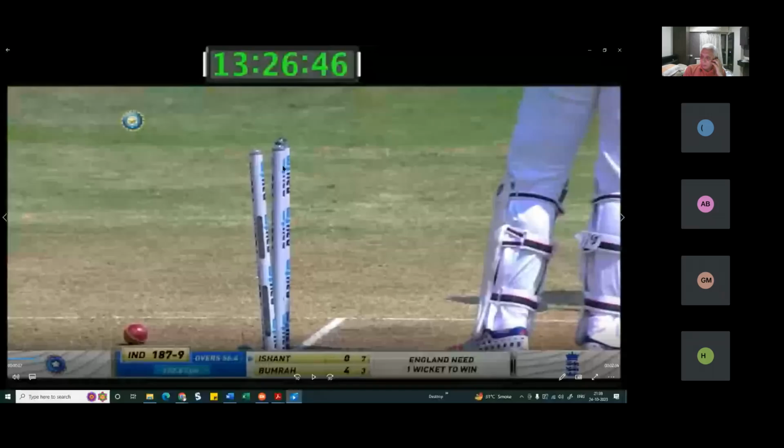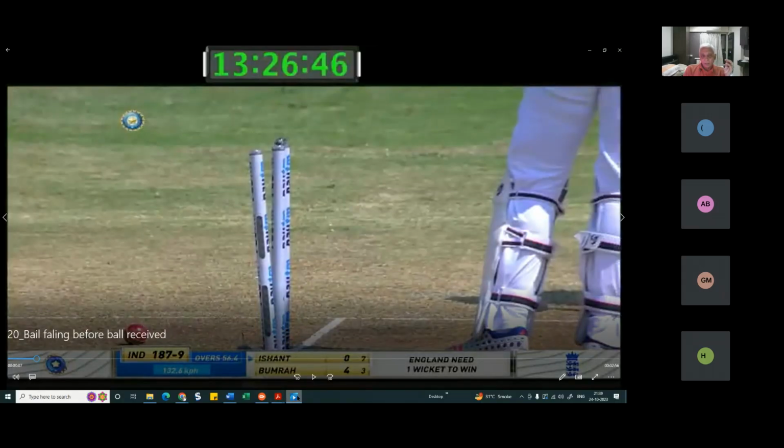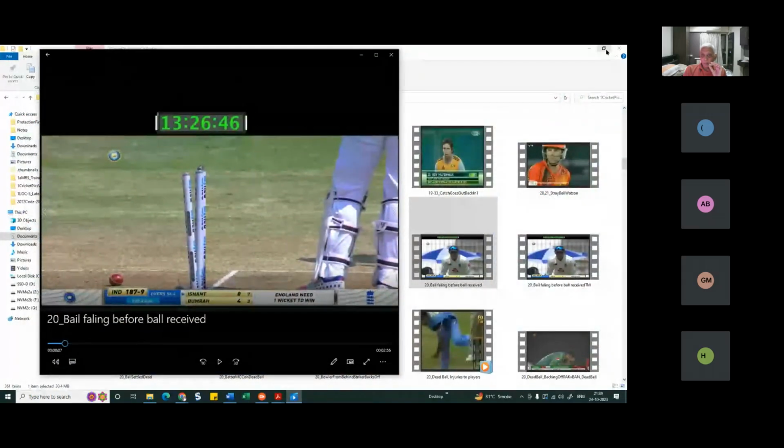One can prevent such an awkward thing from happening merely by making sure in the morning that this area is properly watered. The stumps might have been broken 2 or 3 times perhaps, and the ground might be dry, and the one stump might be loose.